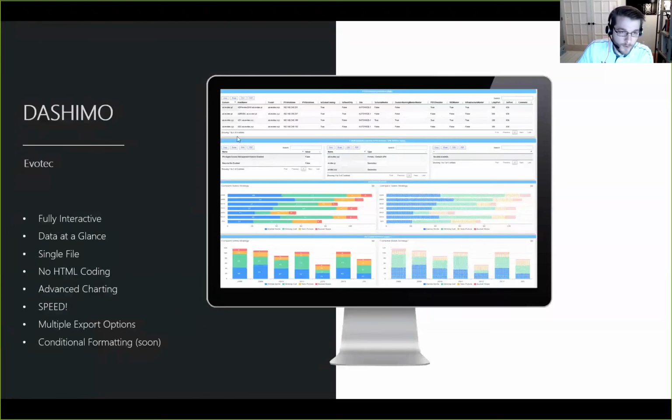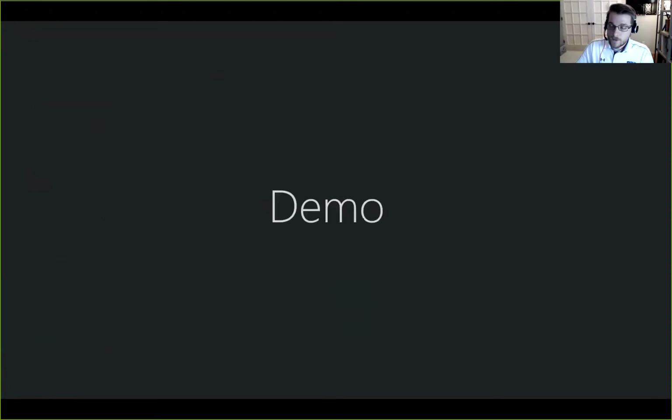You also have different export options, as you see here. And the two things that are coming soon are these really nice reports that are more granular, where you can change more than in Report HTML, and conditional formatting. So you could say, if this value is above 1, be red, and if it's below, be green. That's another great thing. And then I'll dive into this one, which is quicker and easier.